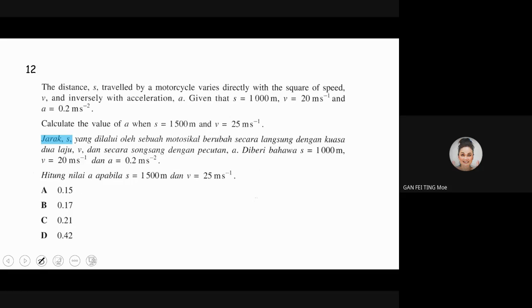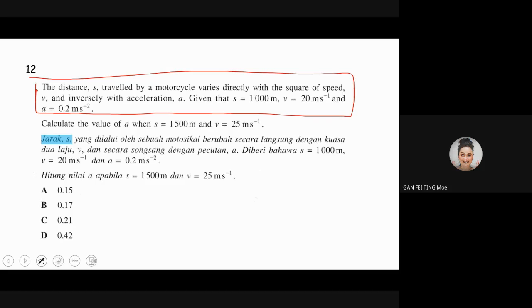Given S equals 1000, V equals 20, and A equals 0.2 meter per second squared. Calculate the value of A when S is, okay, this is the information.